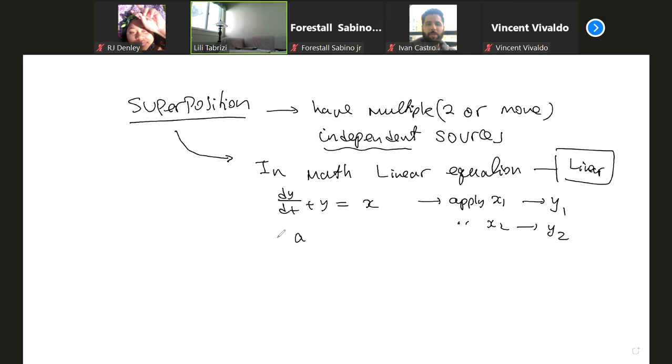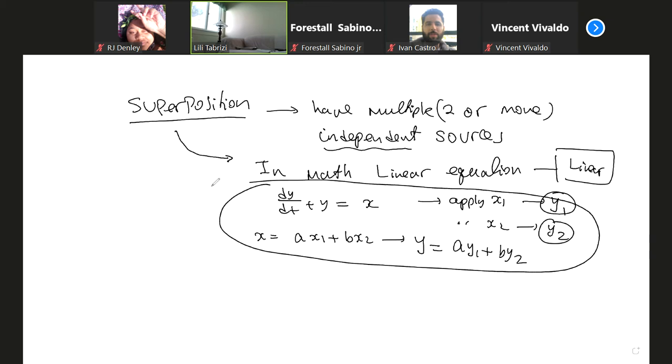If you apply x equal to a x1 plus b x2, you don't have to go back and solve the differential equation. You can take the results from the individual inputs, and the solution is equal to a y1 plus b y2. This concept is the linearity condition that they cover in mathematics.